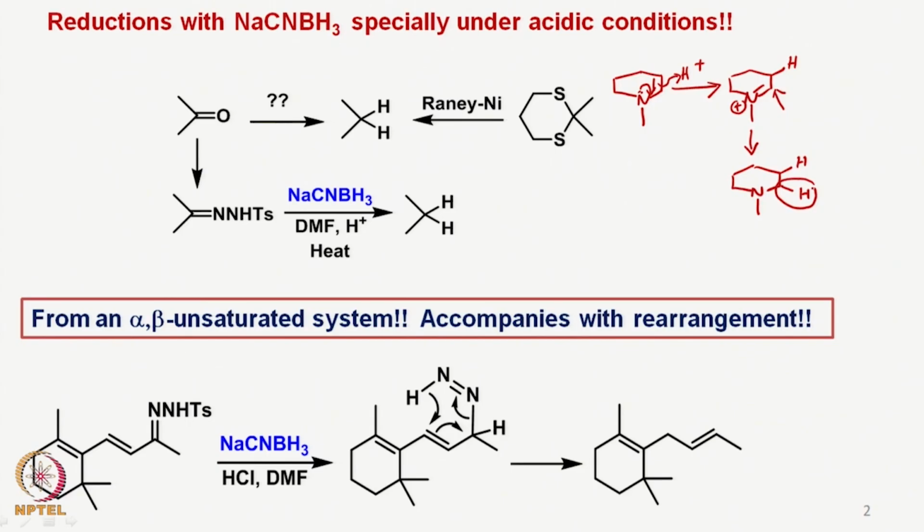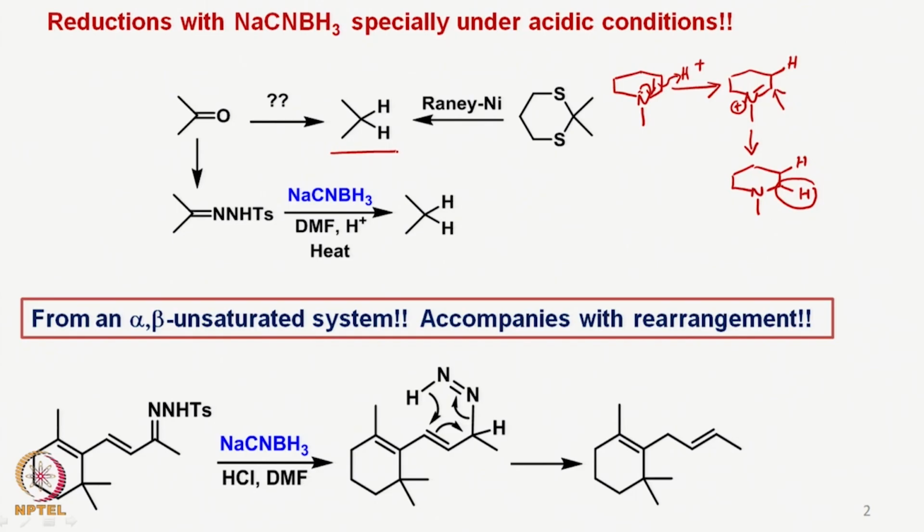And we saw many different types of reductions using sodium cyanoborohydride under acidic conditions. One of the last examples that we took was how to convert a carbonyl group to the corresponding hydrocarbon, where both the hydrogens come during the sodium cyanoborohydride reduction.